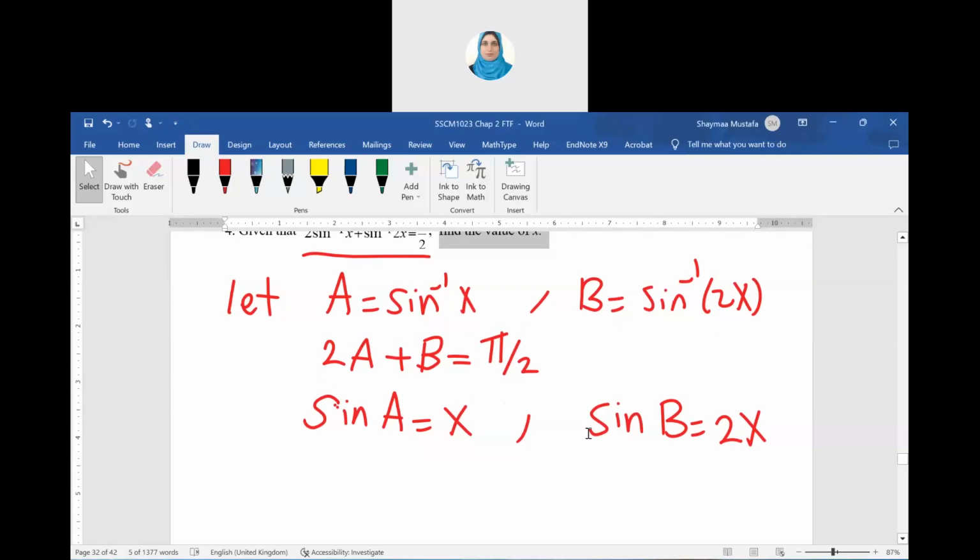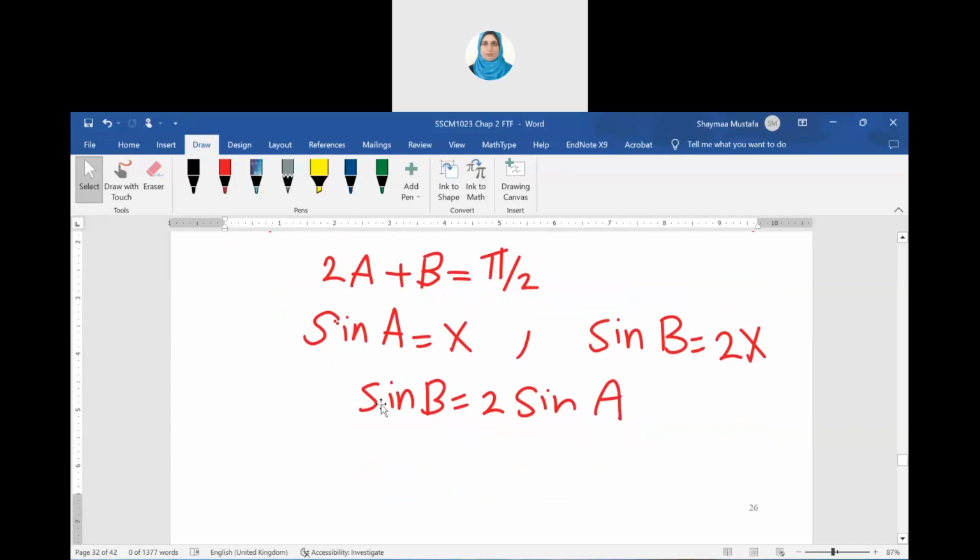Your friend said that because sine a is equal to x and sine b is equal to x, yes, correct. So this means that sine b is equal to sine a. Then I need to find the value of x. Remember that you need to find the value of x. What can we do next?